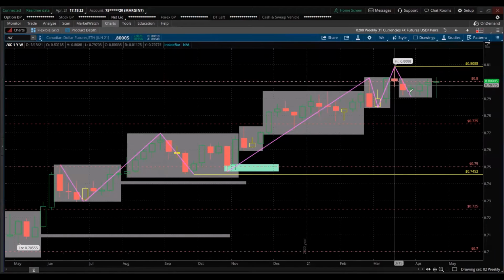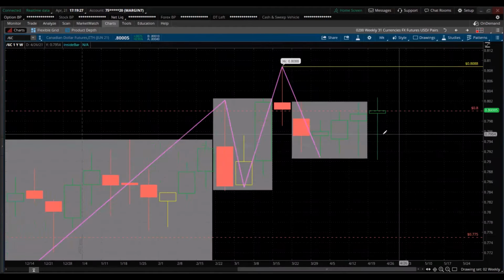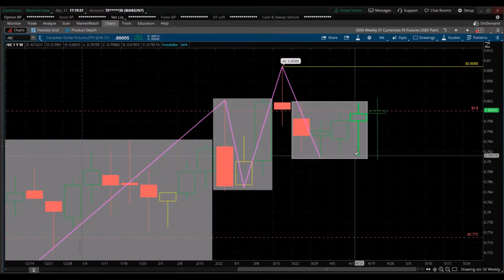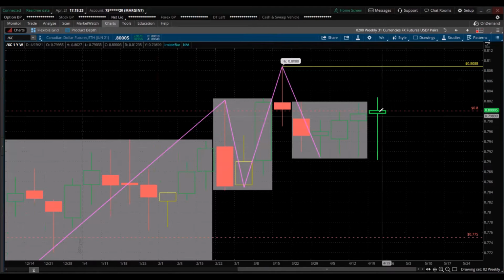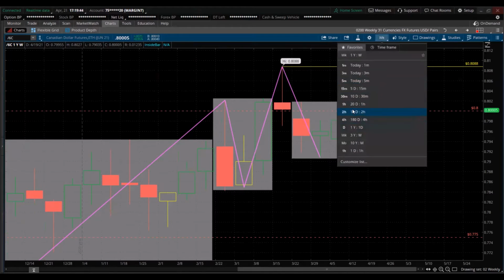Now looking at the Canadian dollar, a lot of activity today. It traded above this consolidation and below this consolidation, and now we closed just around the 80 cents, inside this consolidation. A lot of price action. Let me show you intraday what happens.